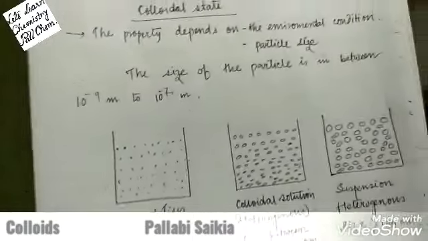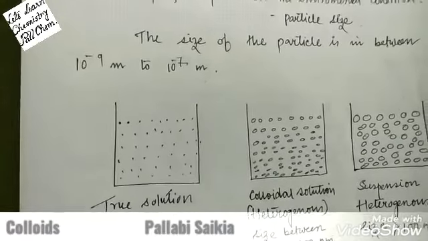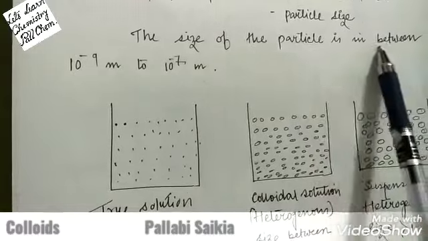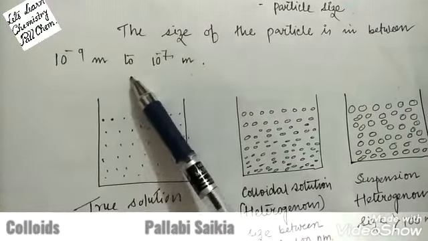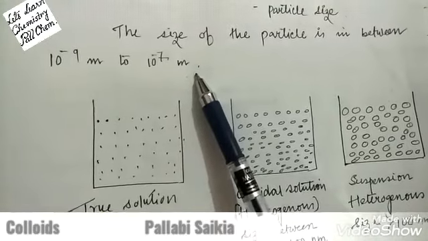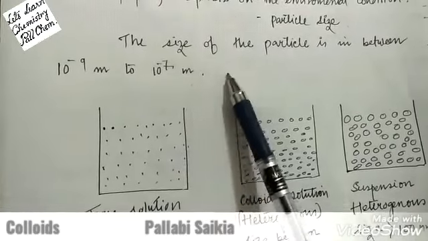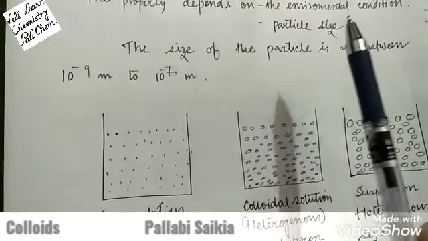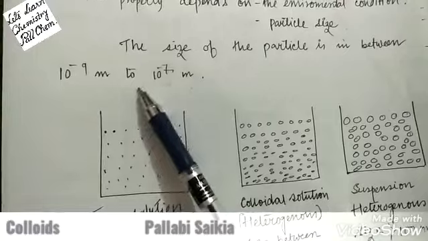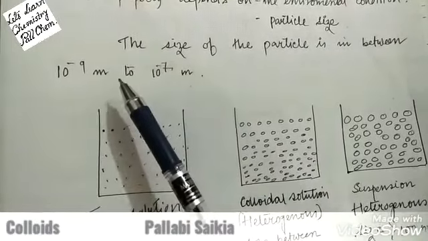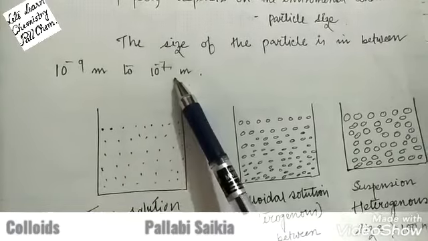Next is particle size. For a particle to become a colloid, the size of the particle is in between 10 to the power minus 9 meter to 10 to the power minus 7 meter. That means the size of the particle must be in between 1 nanometer to 100 nanometer.